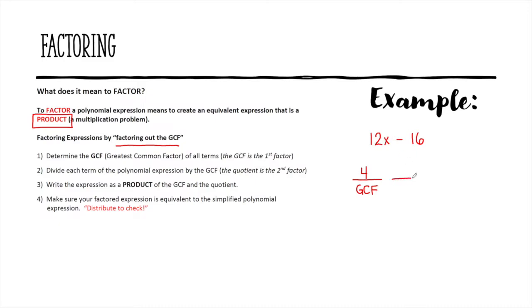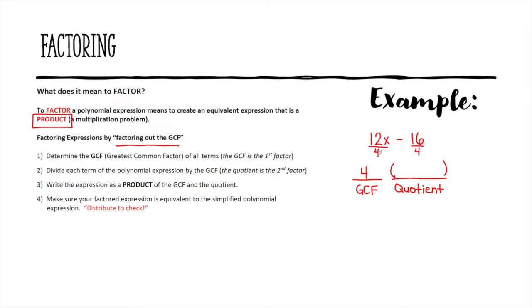But that is not the only factor in this particular binomial. Remember, we're trying to write an equivalent expression. So what we have to now do is take that GCF and find the quotient, meaning we take the 4 and divide both terms by 4.